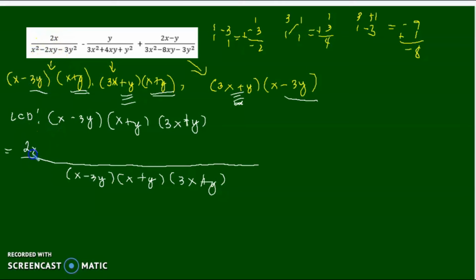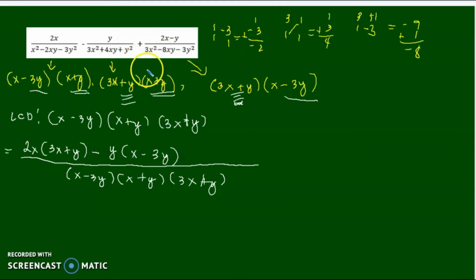So that is 2x times 3x plus y. Then minus LCD divided by the denominator. Cancel 3x plus y and x plus y. So the quotient is x minus 3y multiplied by y, so that is y times x minus 3y.